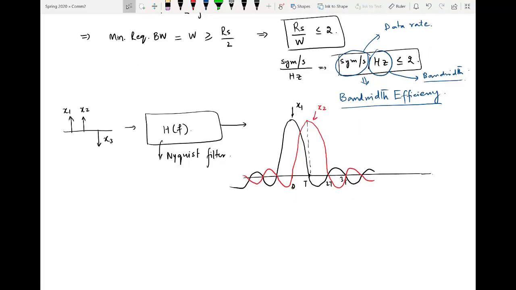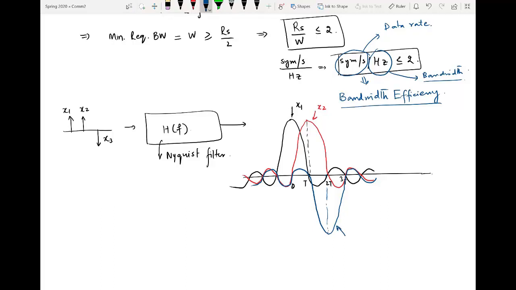Now x3 will be spaced again by capital T, so the peak of x3 will occur at 2T, with a negative amplitude because x3 was negative, and the first zero crossing will occur here, and the other side zero crossing will be here.